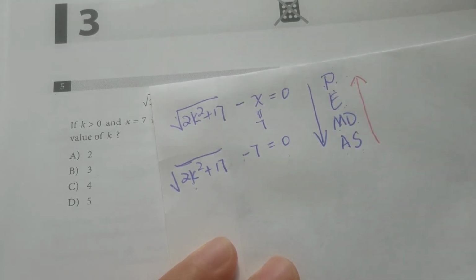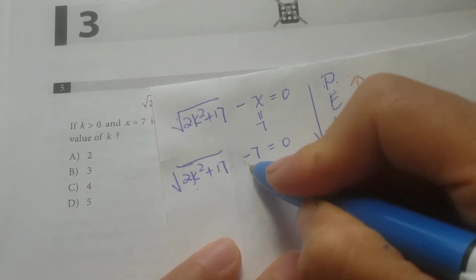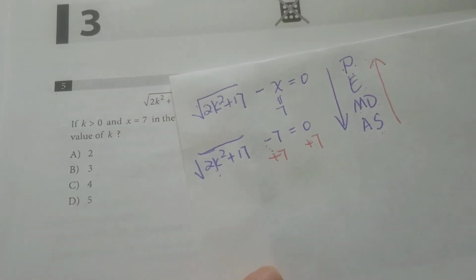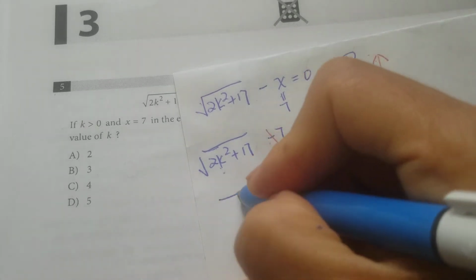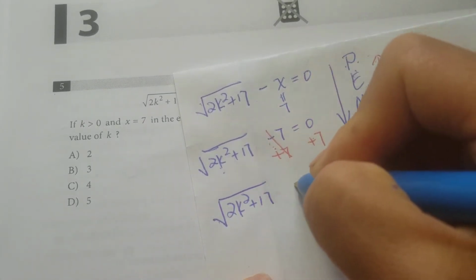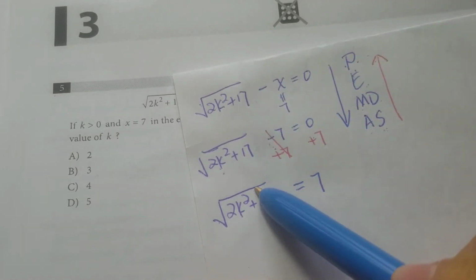Now for the first one, we have subtraction, which means we deal with it by adding 7 to both sides. We have square root of 2k squared plus 17 equals 7. Now I have a square root here.